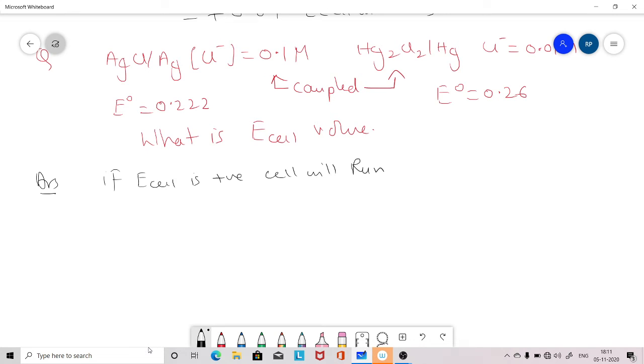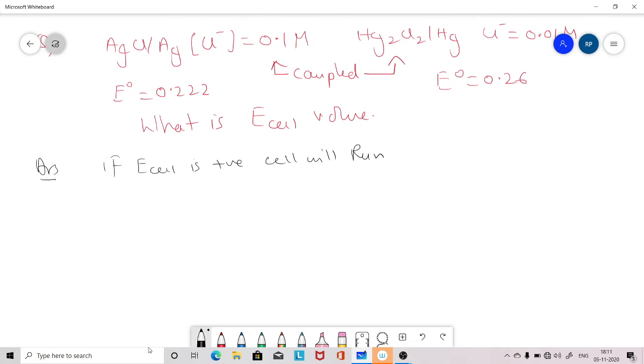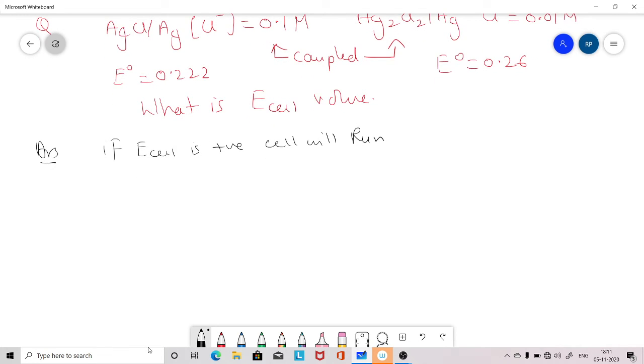That is one aspect. I am showing you both the cases, in which one time silver chloride is reduced and another time silver chloride is oxidized. So we are taking case by case. In only one case E cell will be positive, and that will be our answer.